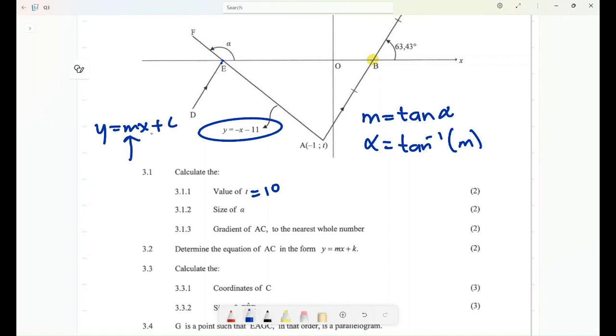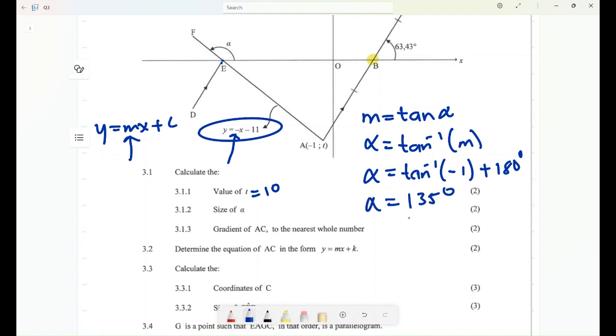The value in front of my x is my gradient. What is my gradient? It is -1. So alpha is equal to inverse tan of -1. If the value is negative, I'll just have to add 180. Then your alpha will give us 135 degrees.